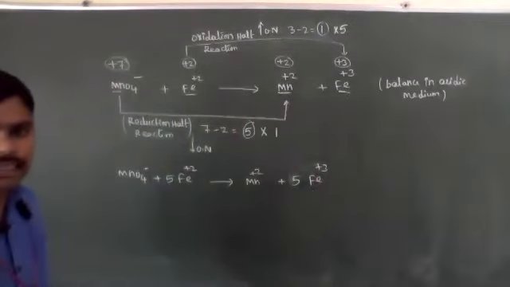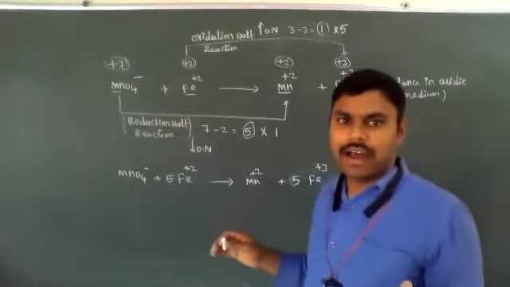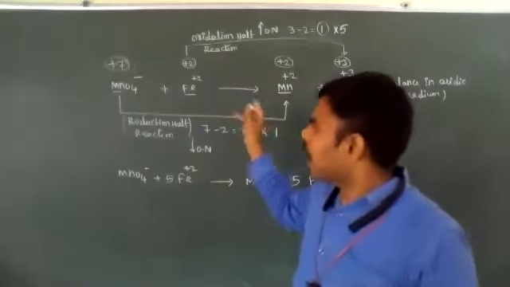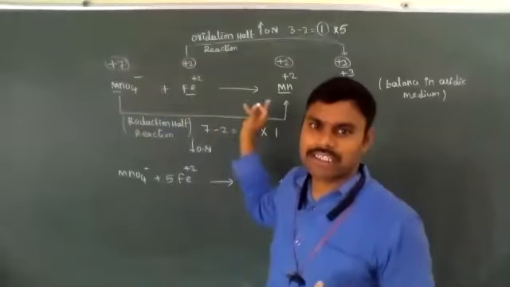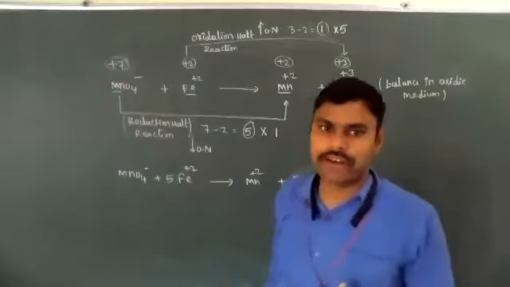See, first we have to write the skeleton equation. After writing the skeleton equation, we need to balance other atoms. After that, we have to find out their oxidation numbers. And we have to identify the reduction and oxidation reactions.